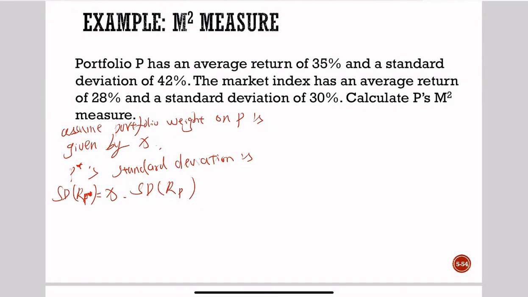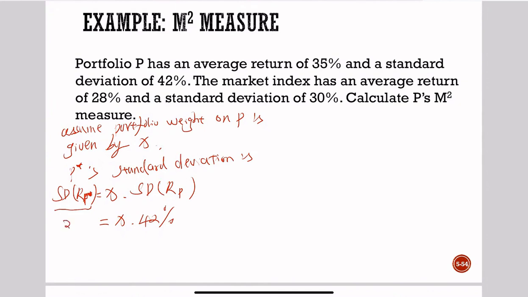Okay, now let's solve X. We know that the standard deviation of RP is given by 42%. And we want to make sure our P star's standard deviation to be the same as the market index.